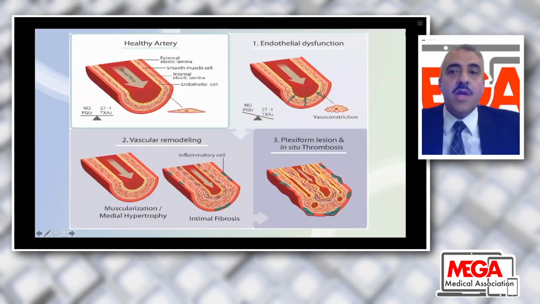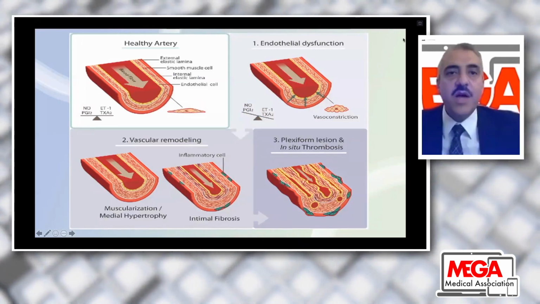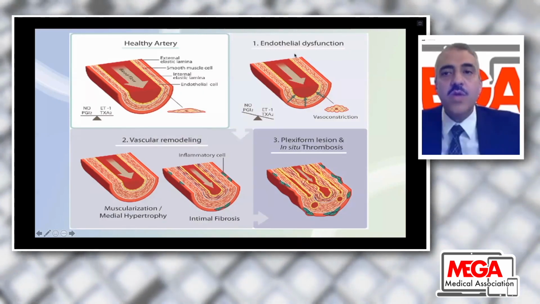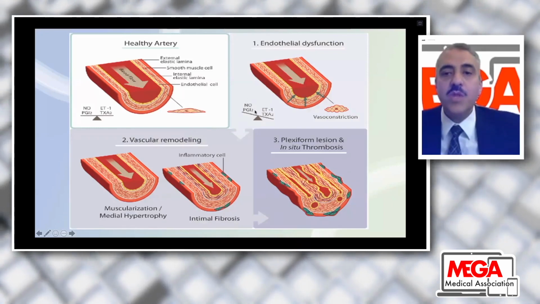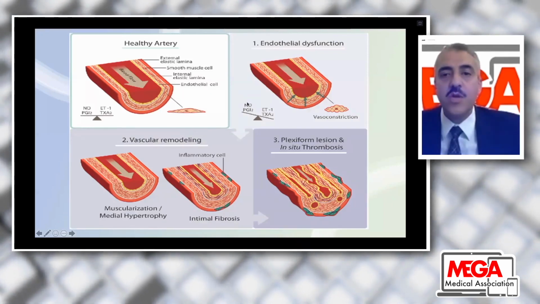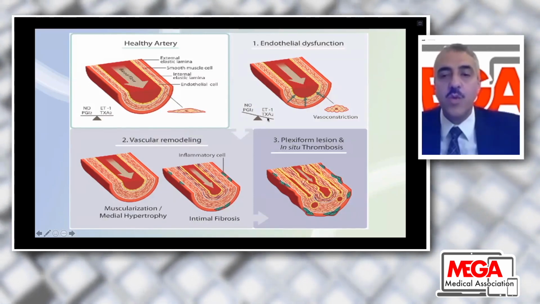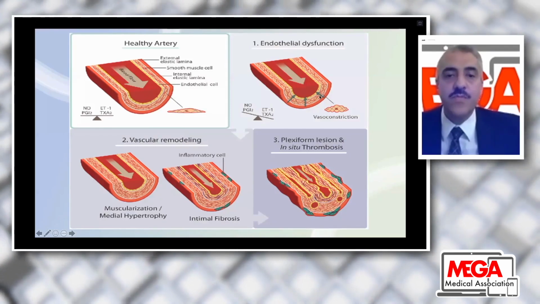Take a look now here. On the upper left corner, we have the healthy artery. Then endothelial dysfunction starts, with an imbalance between the vasodilators, nitric oxide and prostacyclin, and the vasoconstrictors, endothelin 1 and thromboxane A2, ending with vasoconstriction.